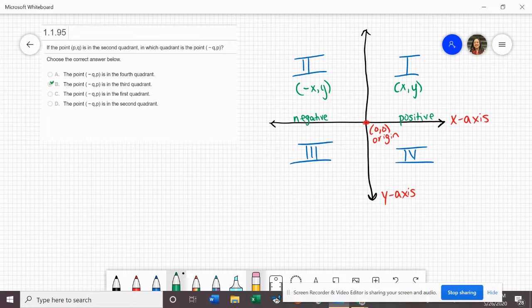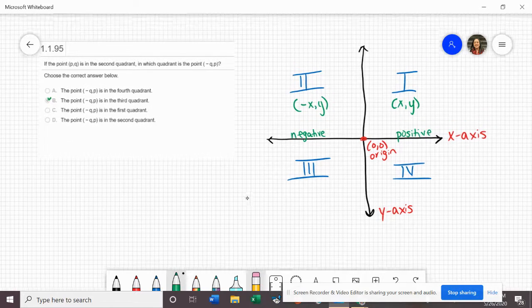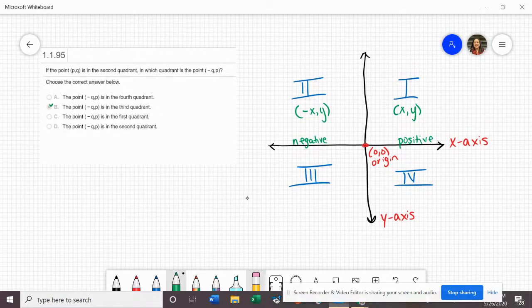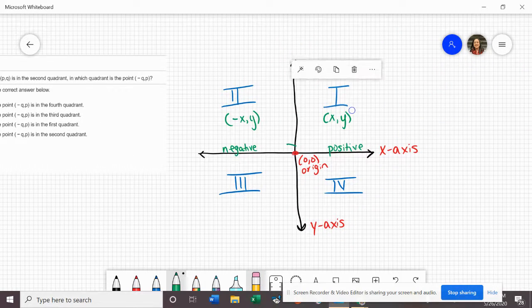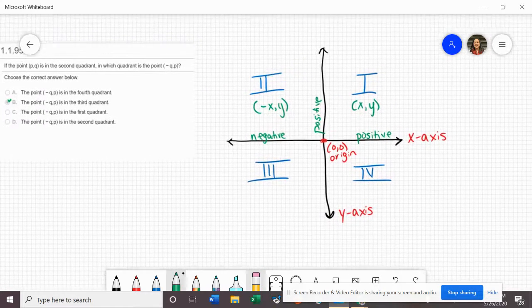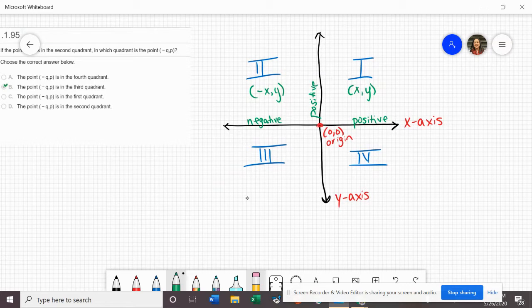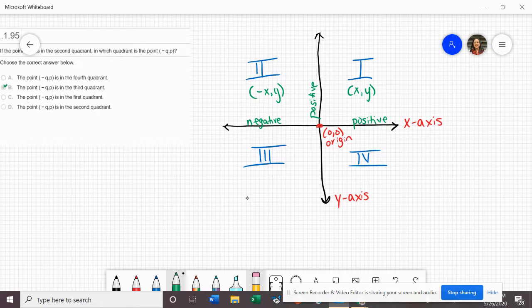And what you notice is my y is positive, so that must mean that up top I have positive y values. And just because I'm labeling my axis, let me go ahead and label the bottom part of my y-axis. If the top is positive, we know that the bottom must be negative.